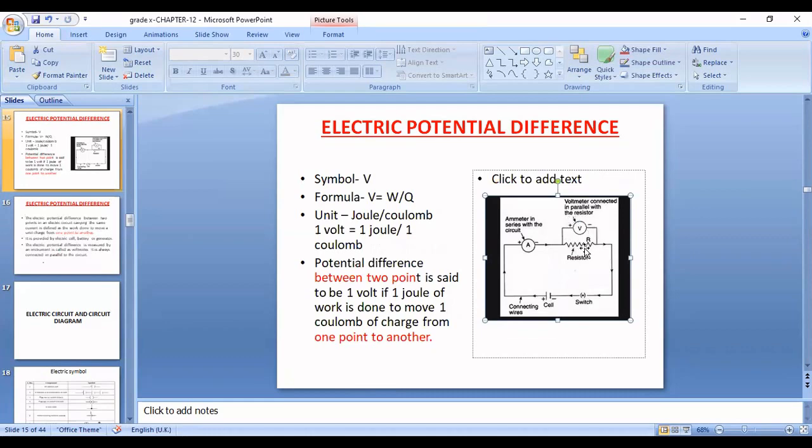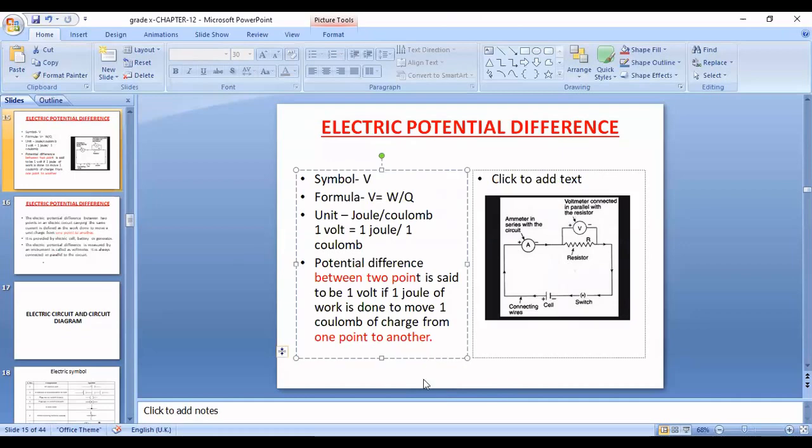Suppose if you have to measure the potential difference for this resistor at its 2 points, okay, so we have to connect the voltmeter across these 2 points of the resistor, and it is always connected in parallel to it. So voltmeter is our instrument through which we can measure the potential difference.